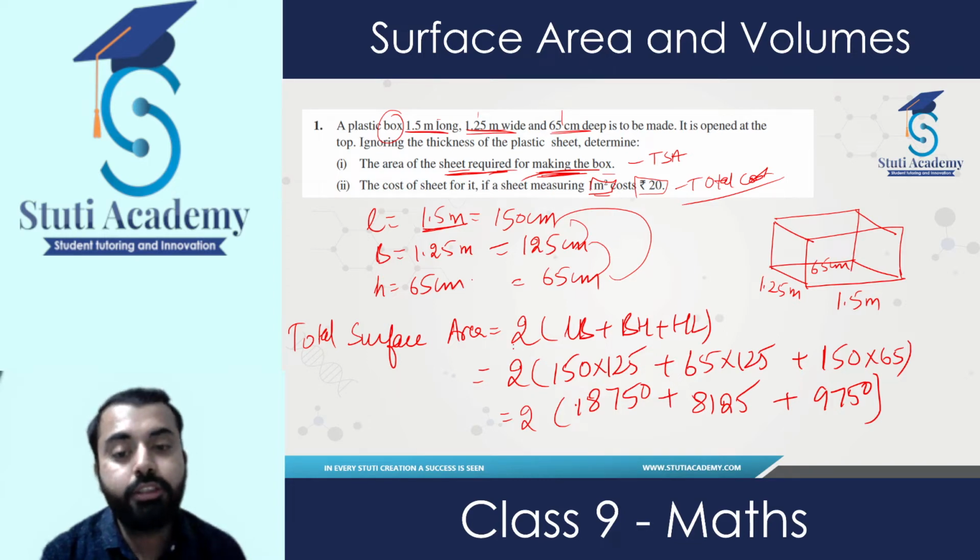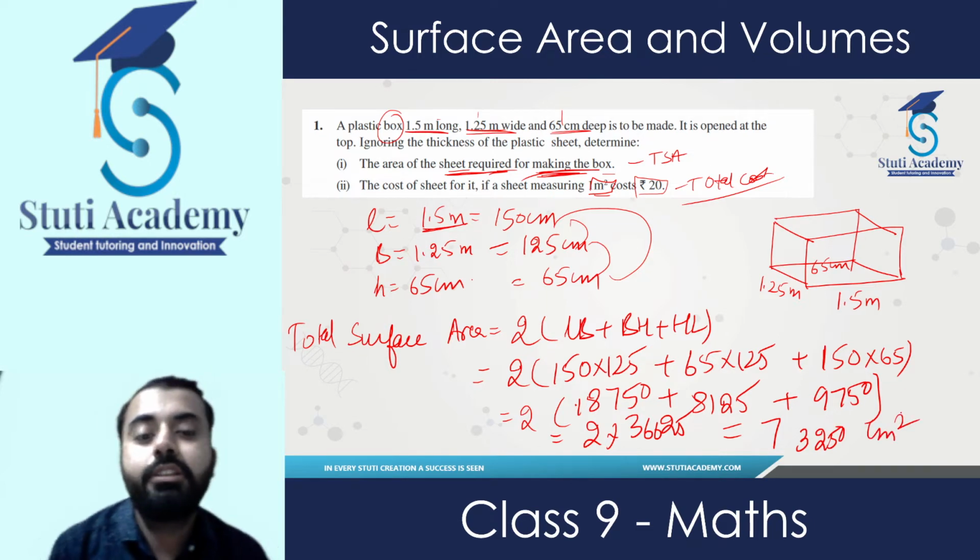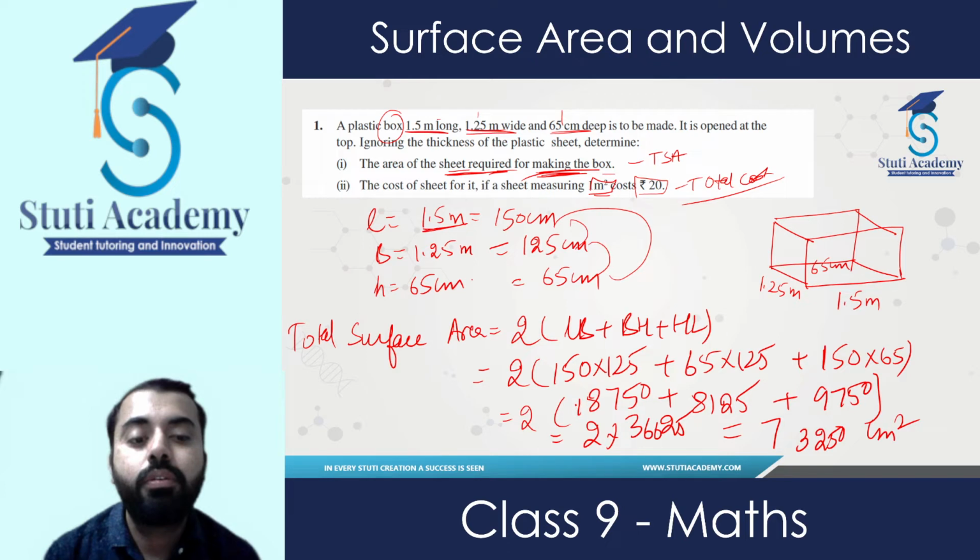You get 19750... so 2 into 36625. Now you have to multiply it with 2. You get 73250. So the area is 73250 centimeters square.